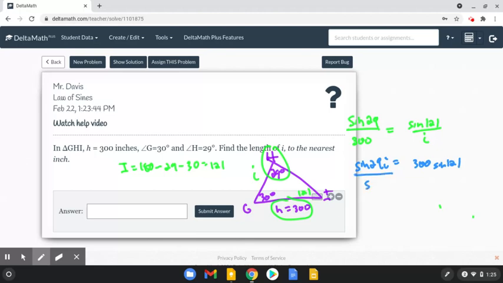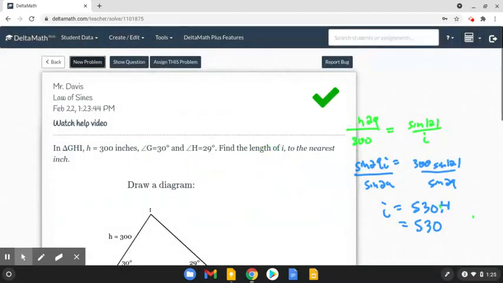And then we divide both sides by the sine of 29 to get little i, which, drumroll, 300 sine 121 divided by the sine of 29 is 530.4, but it does say the nearest inch, so 530. We'll make that mistake again. 530. Boom, boom. All right, good luck, guys.